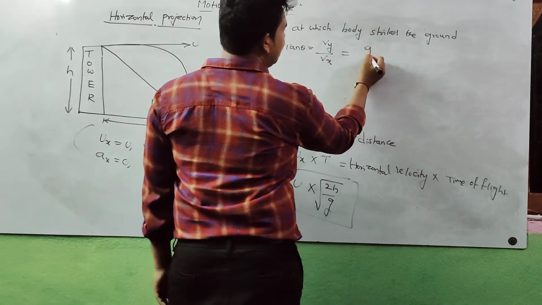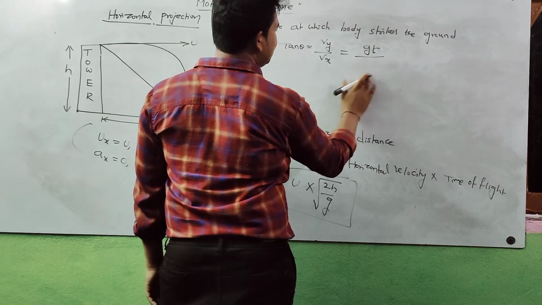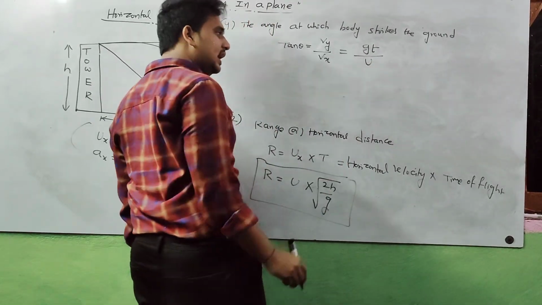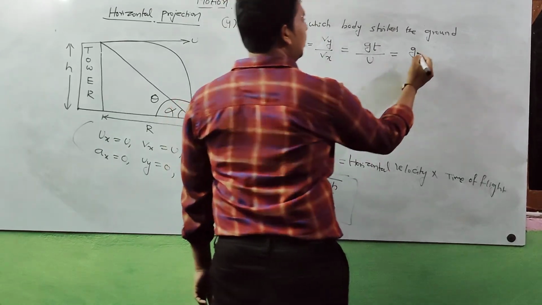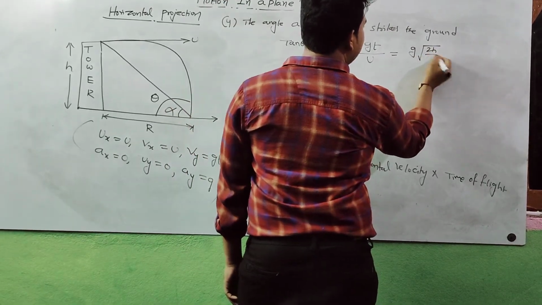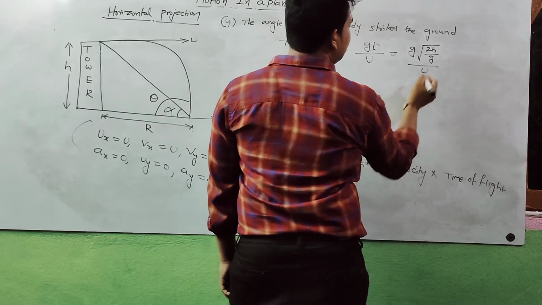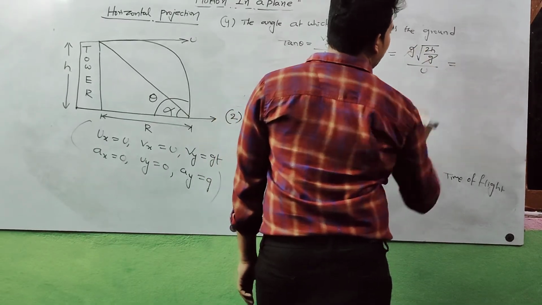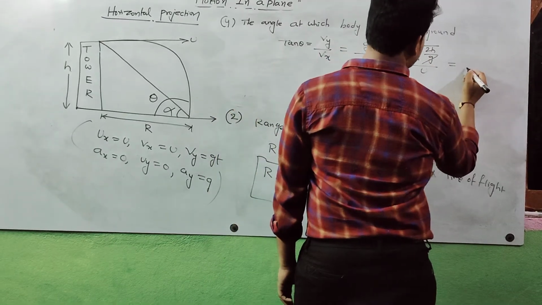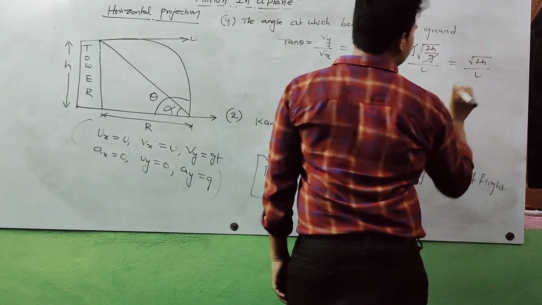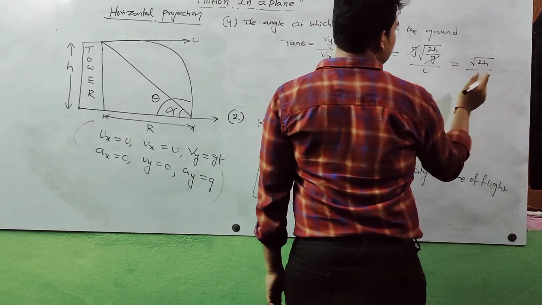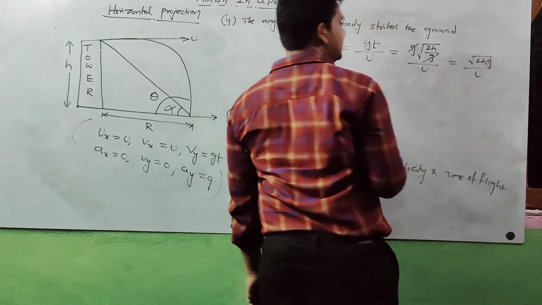Vy means gt, and Vx means u. So here g into root 2h by g, since t means root 2h by g, divided by u. That means the g cancels. What we got here is root 2hg by u.